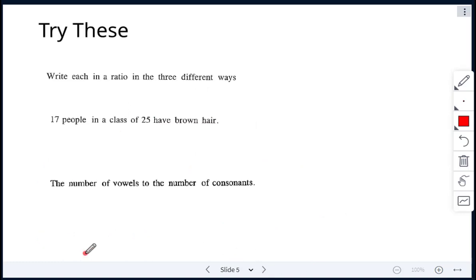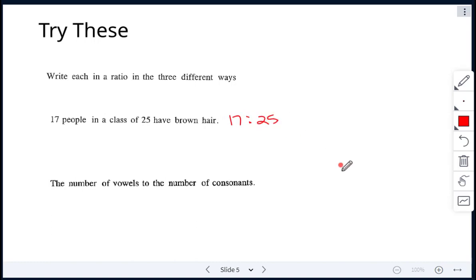All right, let's give you a couple here to try. So write each as a ratio in the 3 different ways. So 17 people in a class of 25 have brown hair. In the second question, the number of vowels to the number of consonants. Okay, give that a try. All right, so for the first one, ratio method 17 to 25.